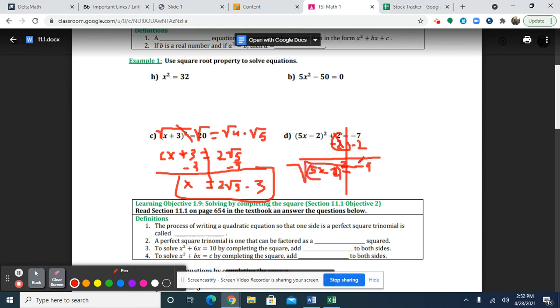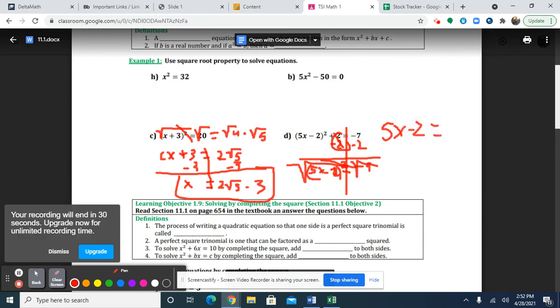So if we take the square root of both sides, we're going to have 5x minus 2. And then the square root of negative 9 is actually equal to 3i. Now if we take the square root of a negative number, it becomes imaginary.